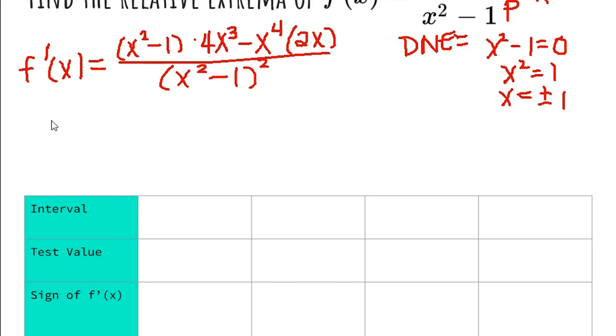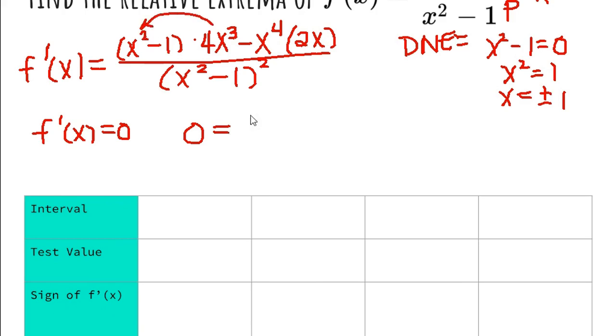The derivative is going to equal 0 when the numerator is 0. So I'm going to set the numerator equal to 0. I could set the whole thing equal to 0, but I'm going to have to multiply by the denominator, and it's going to go away anyways. So I'm going to go ahead and distribute.